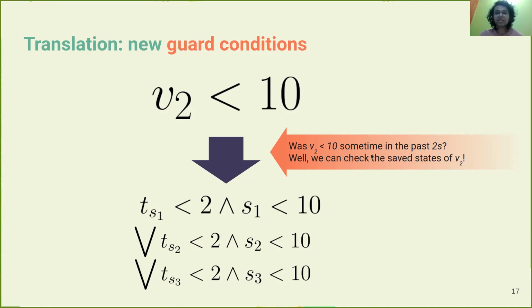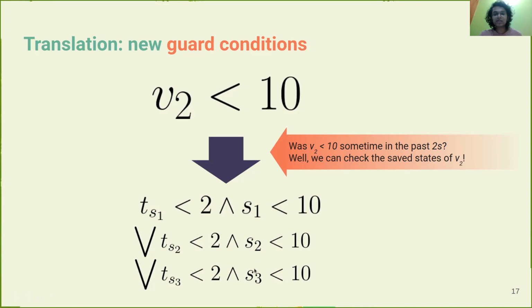This can be easily achieved because we have saved the states of V2 at some points and we can check whether any of these saved states was less than 10.